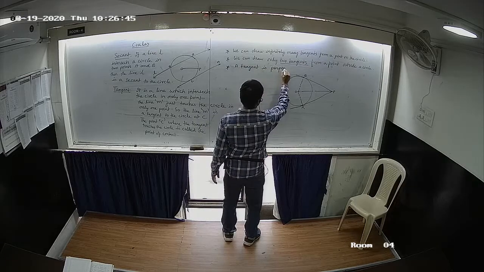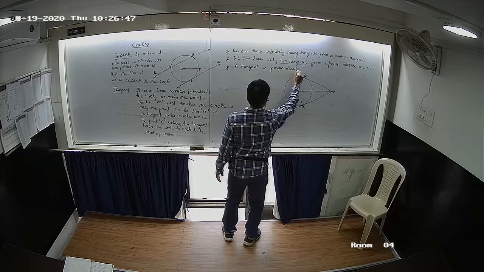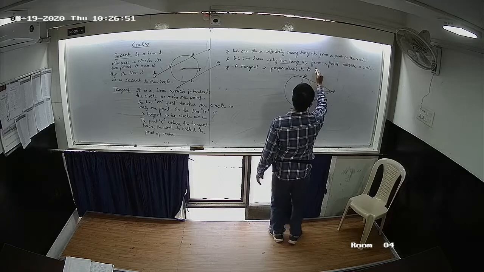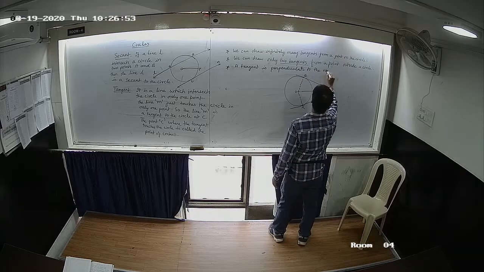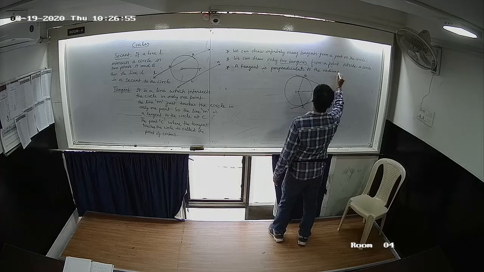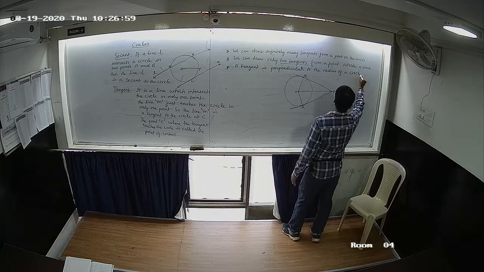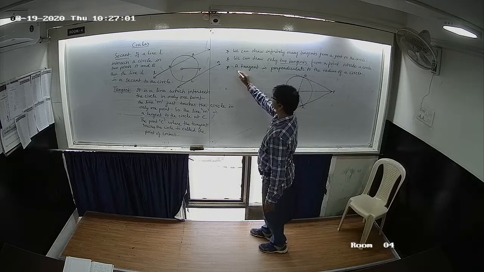Also we know that the tangent is perpendicular to the radius of the circle through the point of contact.